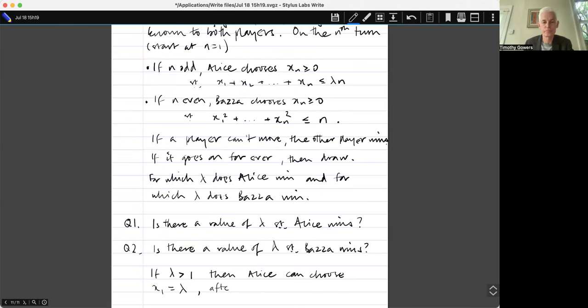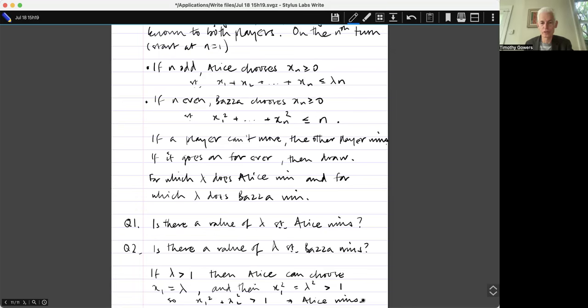after which x1 equals lambda certainly satisfies the condition that x1 is less than or equal to lambda, and then x1 squared, which is lambda squared, is greater than 1, so x1 squared plus x2 squared is greater than 1, whatever x2 squared is, and so Alice wins.